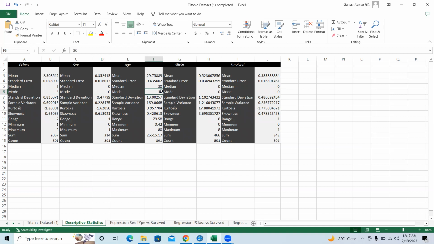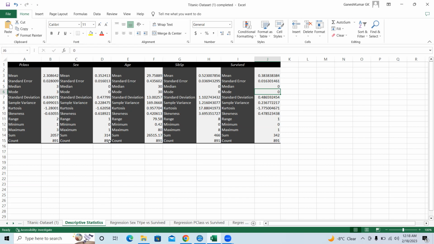And for age, the median, mean, and mode have a kind of symmetrical distribution, so you can see that 30 is the average age of the passengers on the ship. And when we see the survival rate, most people did not make it, because zero means they did not survive.